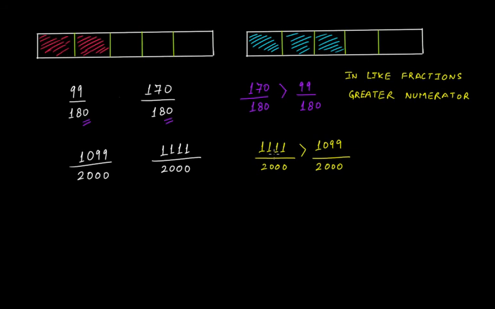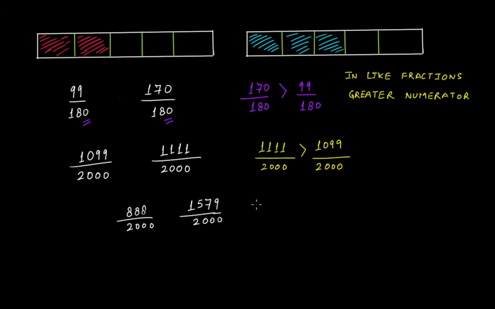Let's say that it was 1099 by 2000, 1111 by 2000, and then 888 by 2000, and 1579 by 2000. Now if you are asked to write these 4 fractions in increasing order, increasing order means starting from the smaller one and going to the larger one.